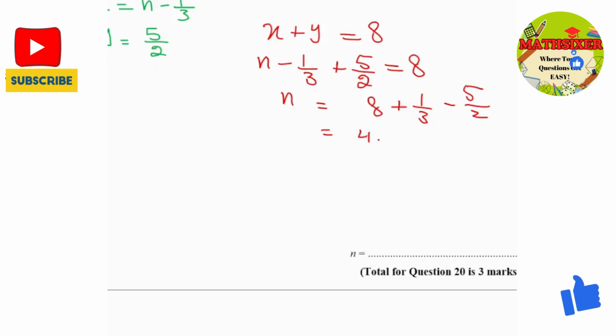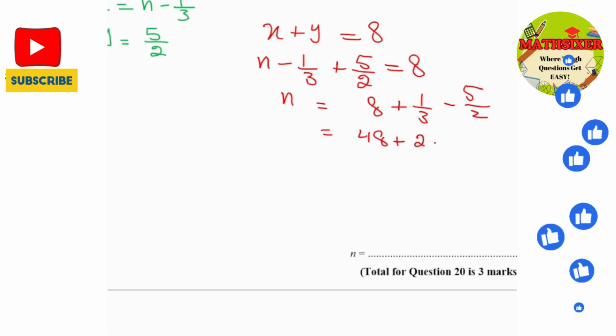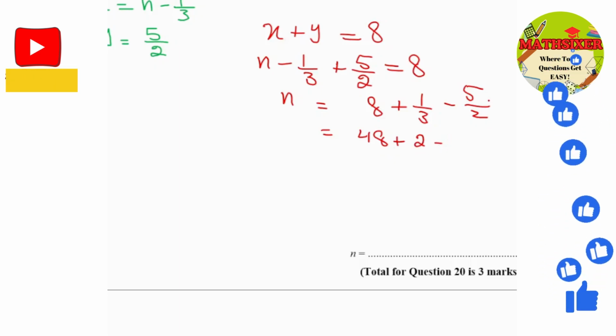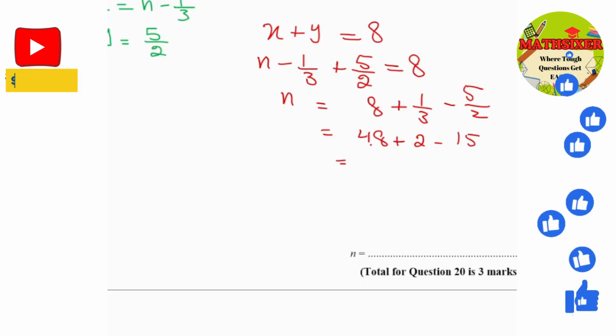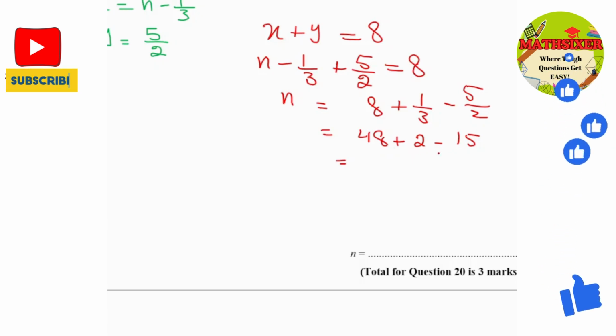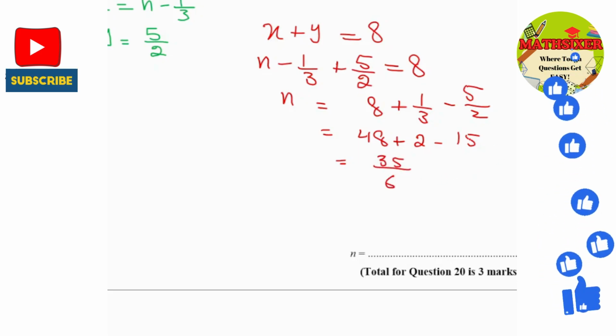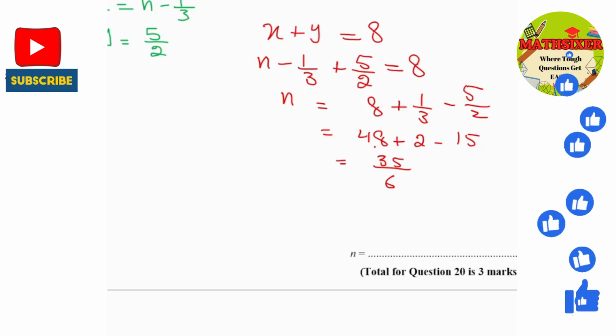So 8 times 6 is 48, and 6 divided by 3 is 2, and 5 times 6 divided by 2 is 3, and 5 times 3 is 15. So 48 plus 2 is 50, minus 15 is 35, and the whole denominator is 6. Okay, because the LCM is 6, let's write that down here as well.